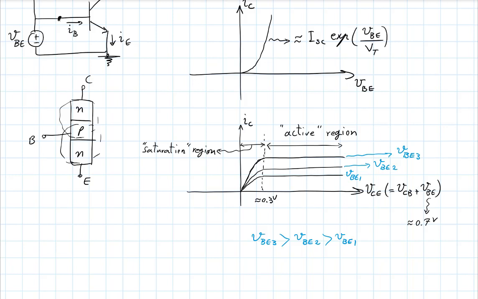And in fact, in the active mode, your base emitter diode is forward biased, and the collector base diode is reverse biased. Again, to appreciate how this works and how you can have that large collector current if that diode is reverse biased, we would have to get into a little bit of the physics of operation for this device. And hopefully we'll have time to do that later on.